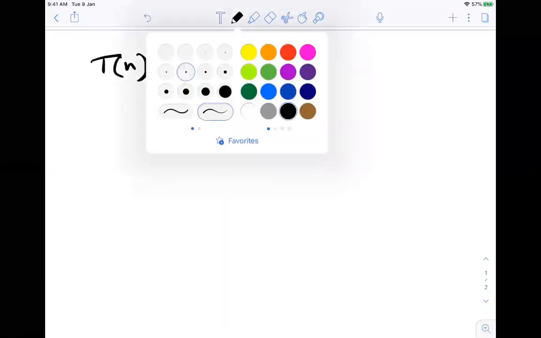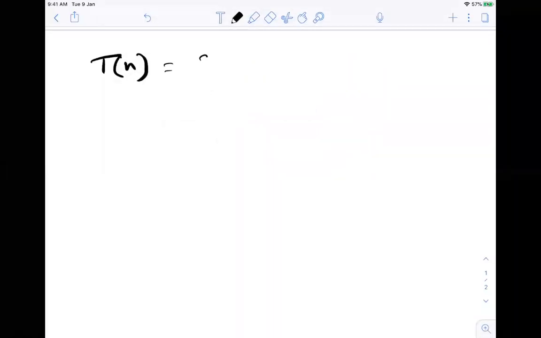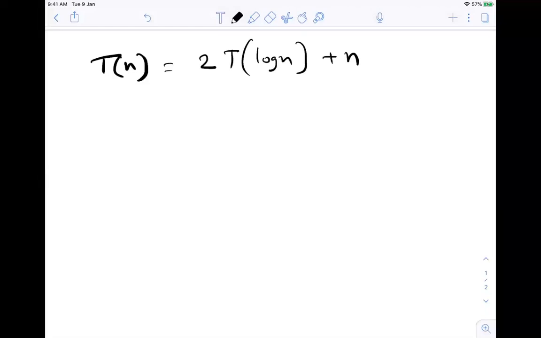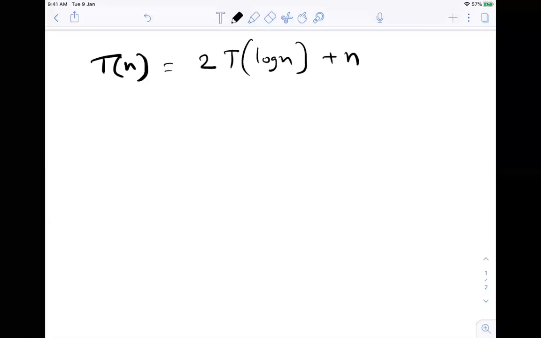Yes, sir. So you have T(n) equals 2T(log n) plus n. Now, what do you think this is? Is it exponentially growing, polynomially growing, or linearly growing?